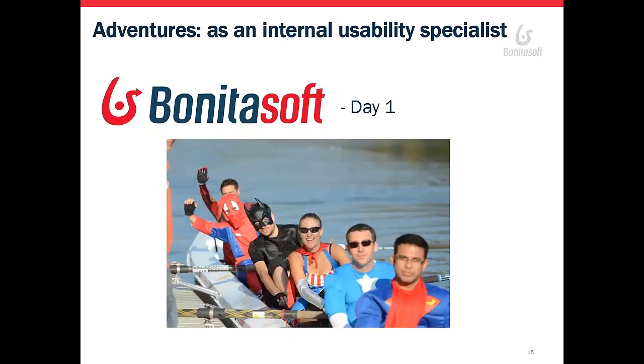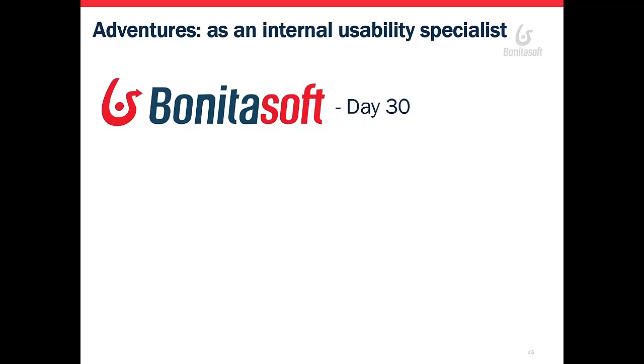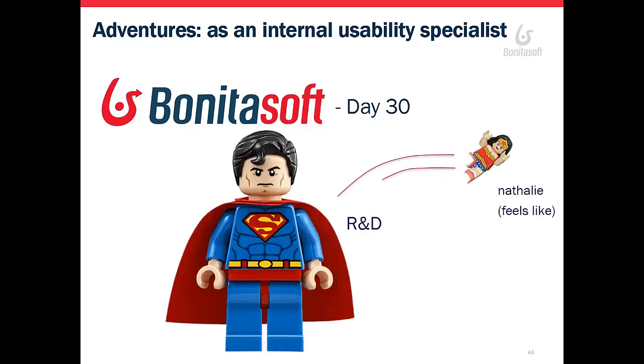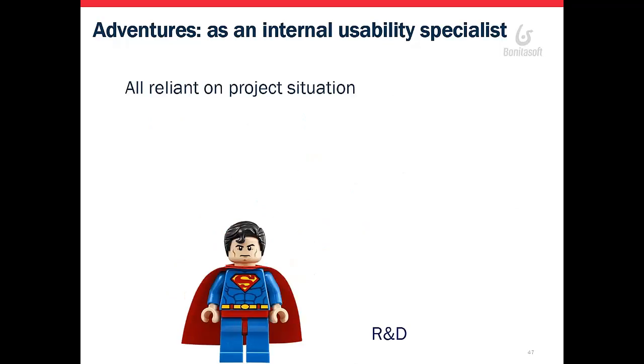And these are real Bonita Softwares that I've seen rowing in a competition, with these guys as real heroes. So I thought, okay, it's going to work as planned. But then after 30 days, one month of trying, it didn't feel right. Actually, the R&D was very upset with me coming up with the requirements and questions about improvement. Why?